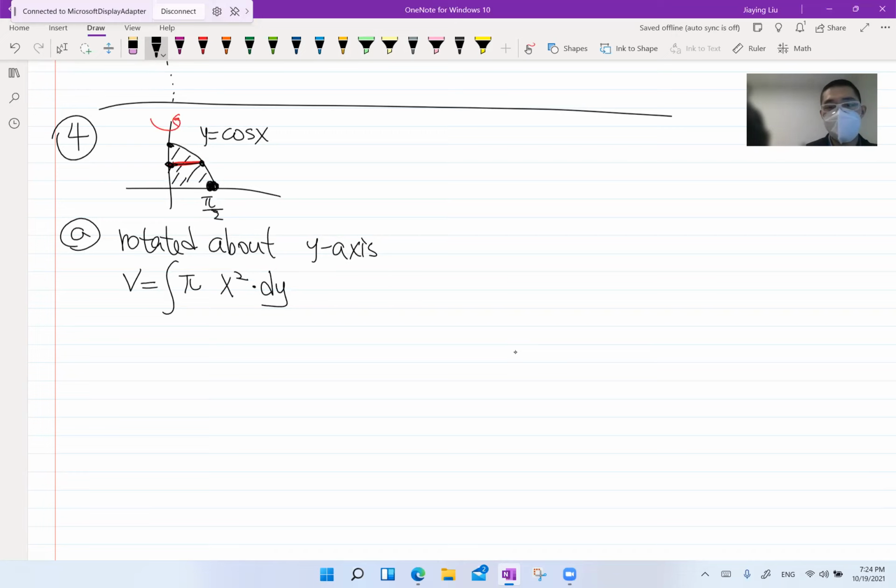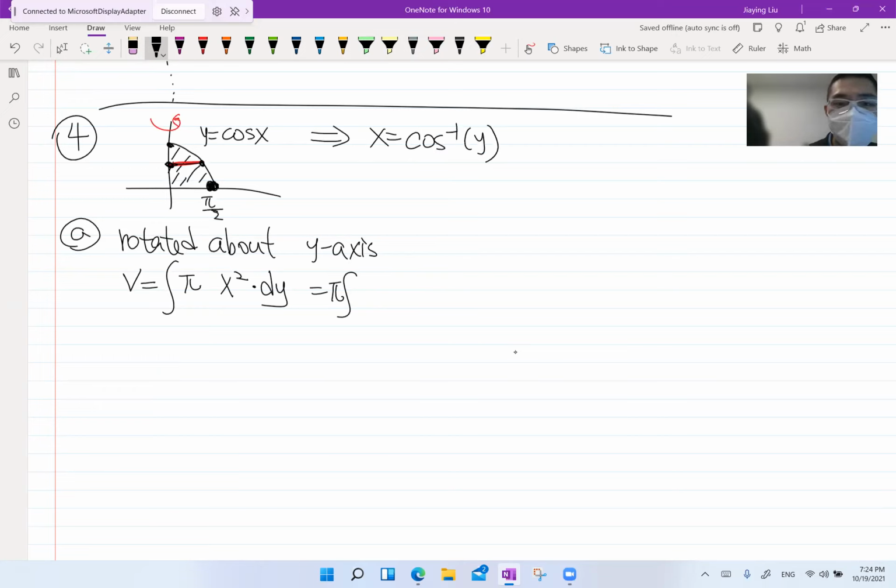But what is x here? Because we want to integrate with respect to y, we have to replace the x. You can bring the pi outside, but the x, we don't know. We know y equals cosine x, so that means x equals inverse cosine of y.